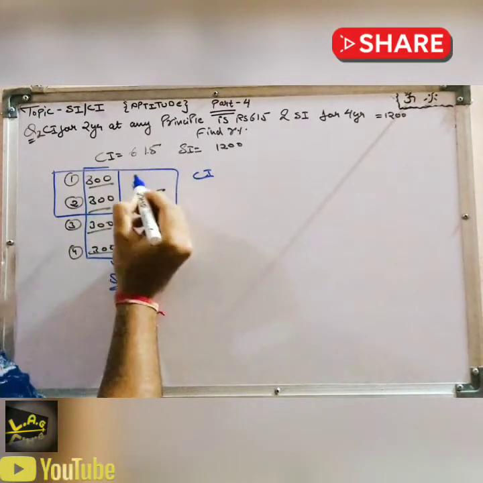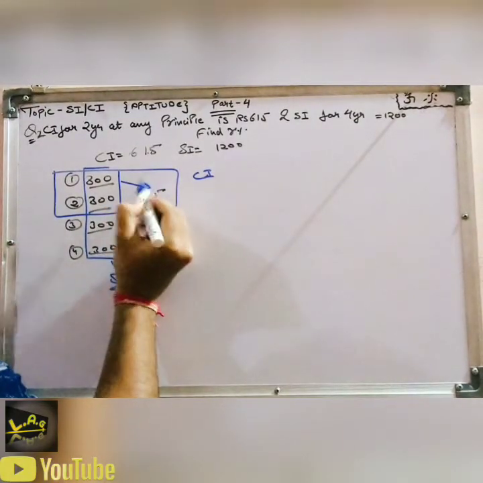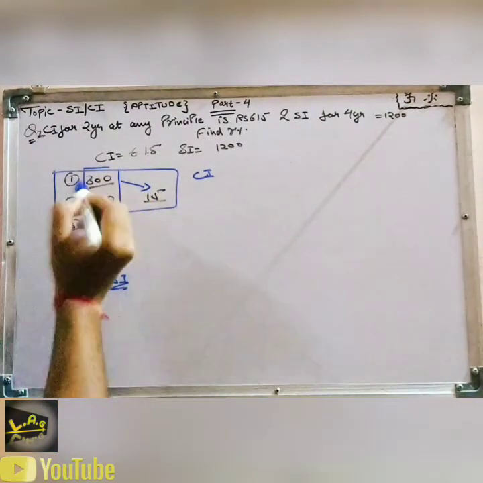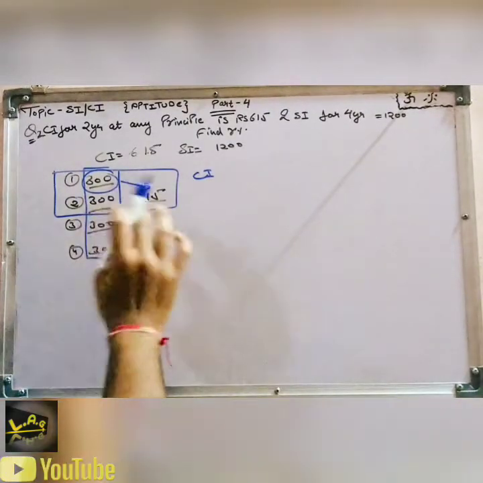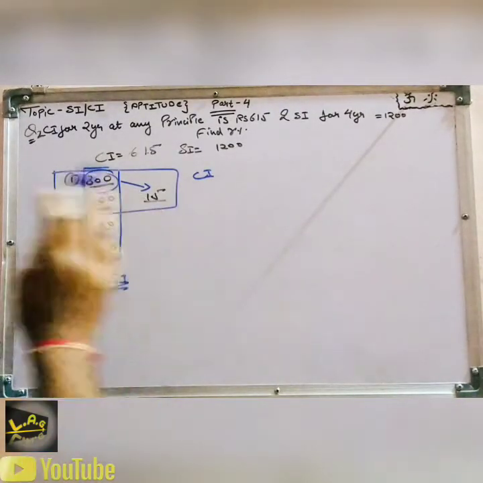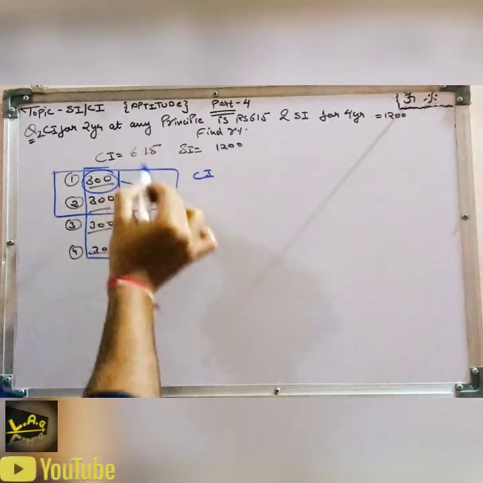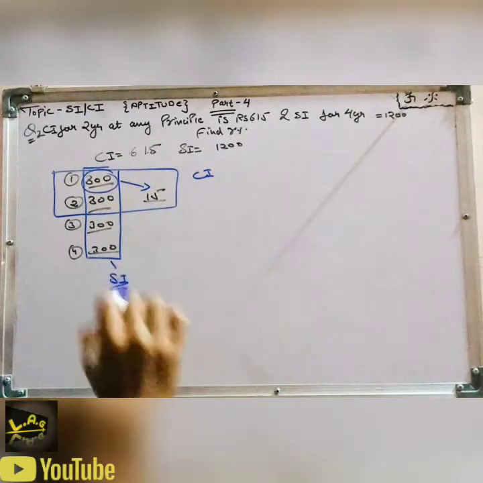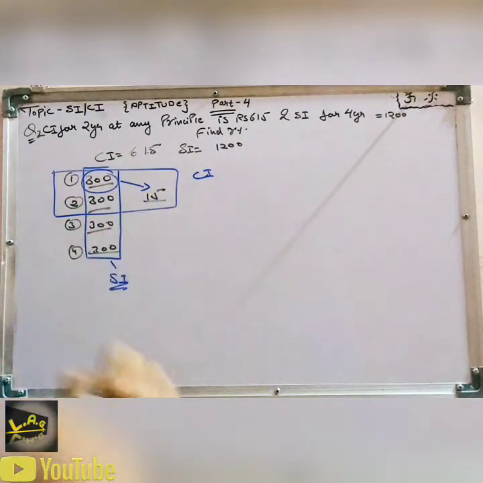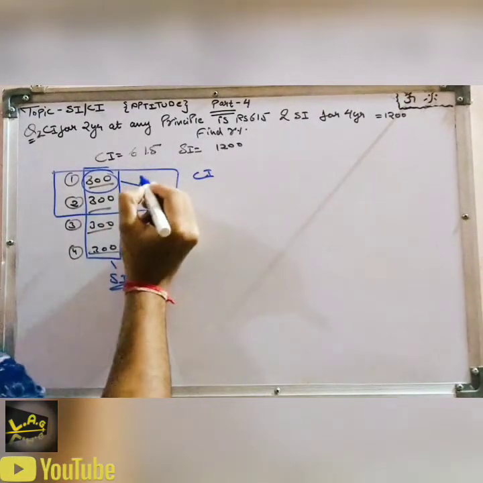Now just imagine how the 15 comes. By this number 300 only the 15 comes, because when we calculate earlier and need to find some percentage in the question, we have to put it into the other dashes. Here it is already mentioned, so it will be very easy to solve.